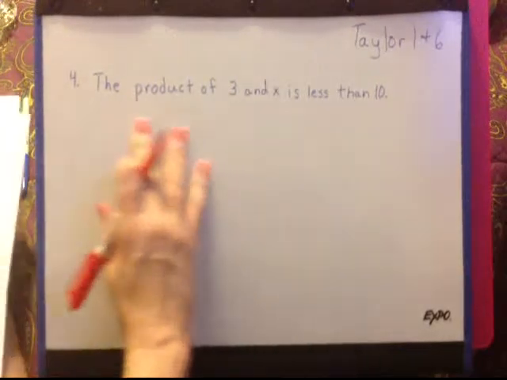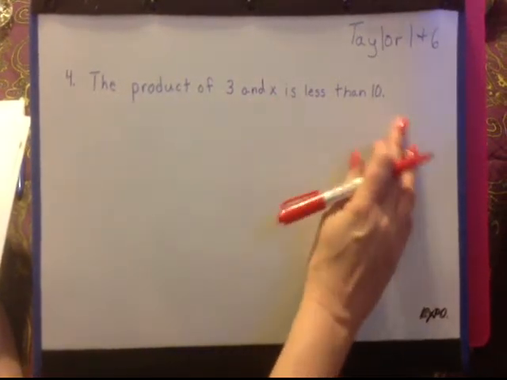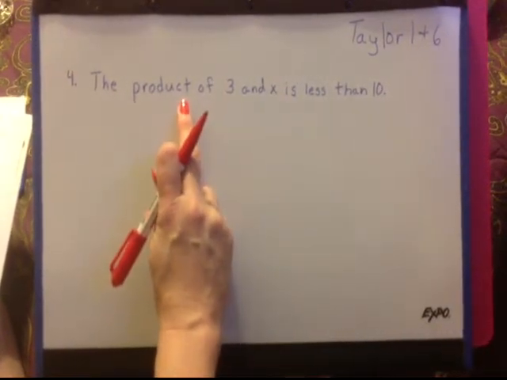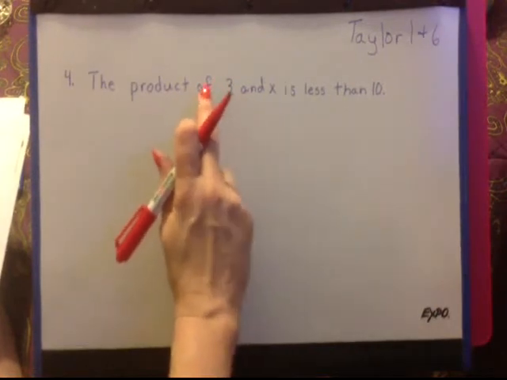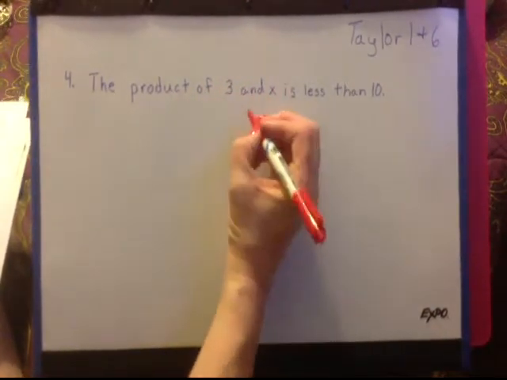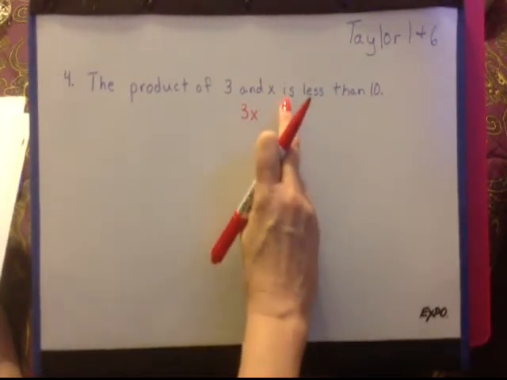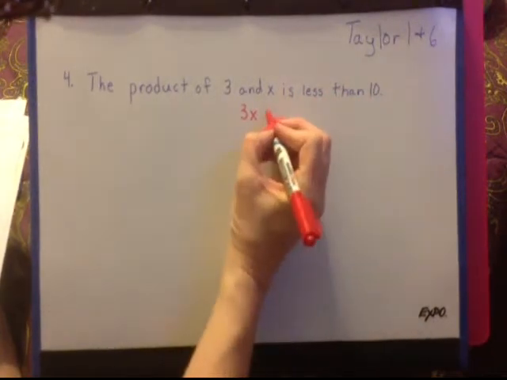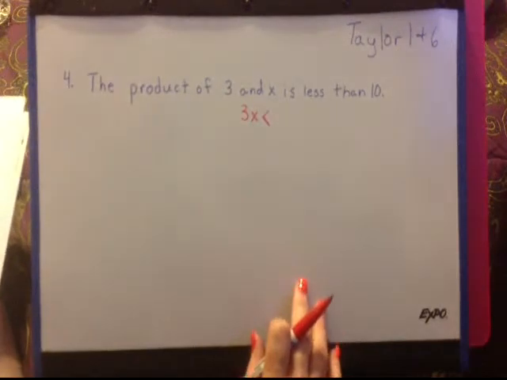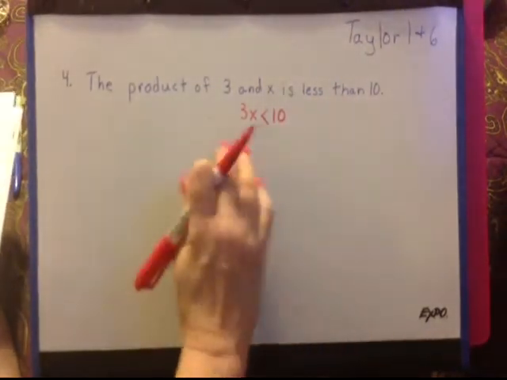So I wrote here the product of 3 and x is less than 10. Well, product means multiply, answer from multiplying. So the product of 3 and x means we're going to multiply 3 times x. In other words, 3x is less than. That's less than. Notice it doesn't say less than or equal to 10. And we're done with that.